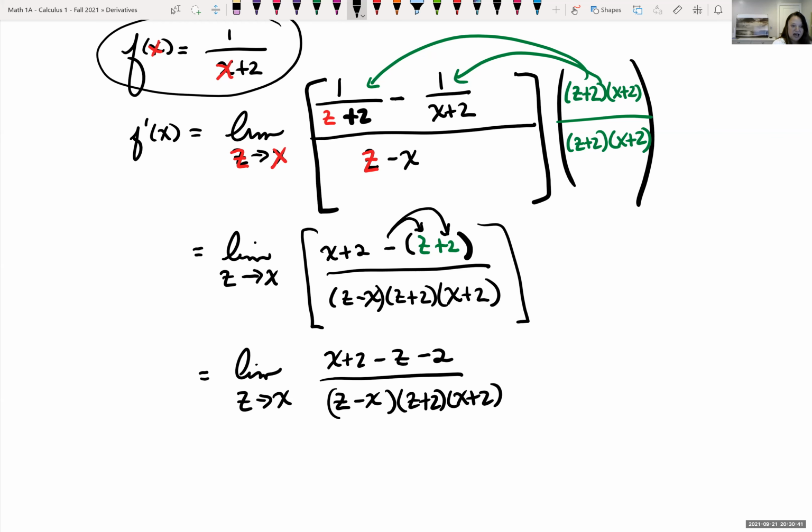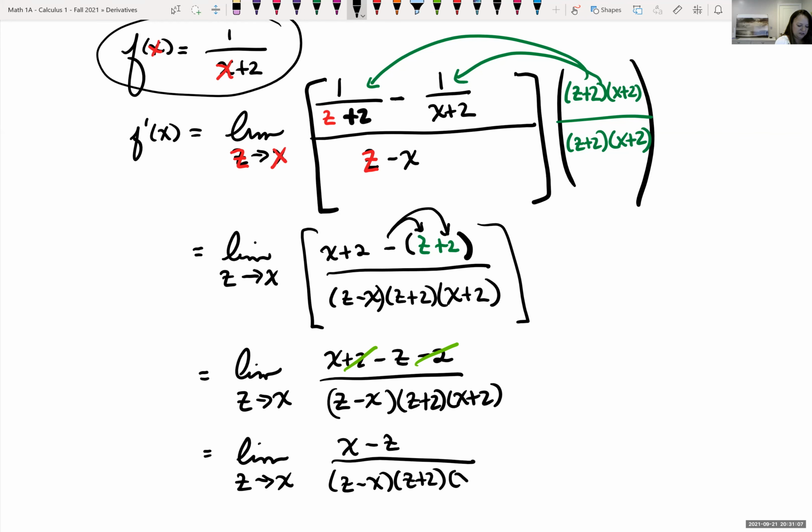So notice I have a positive 2 and a negative 2 down in that numerator. If I look at this, I got the limit then as z approaches x of x minus z all over z minus x, z plus 2, and x plus 2.